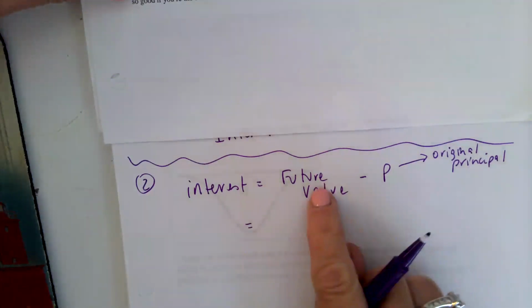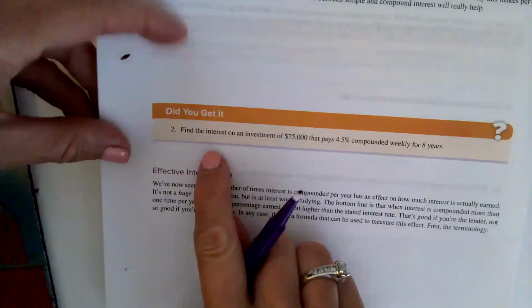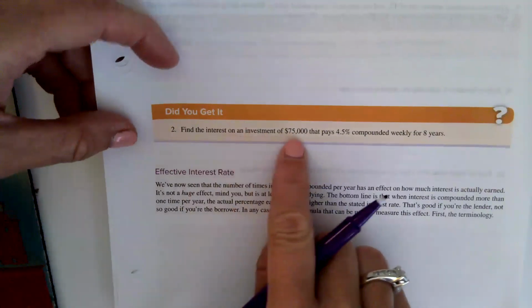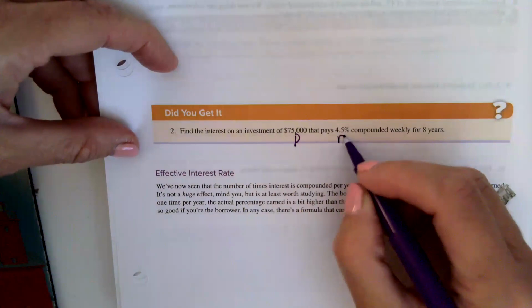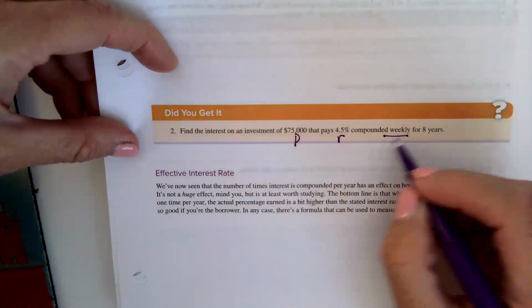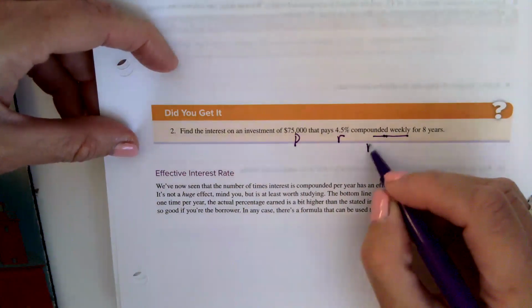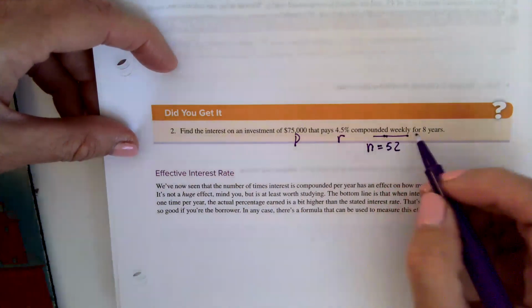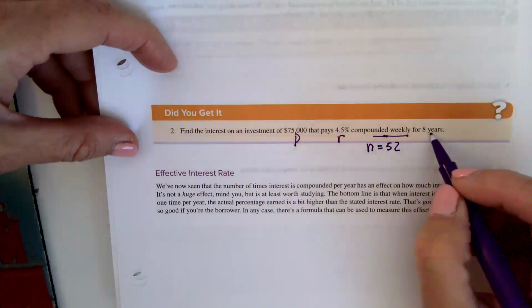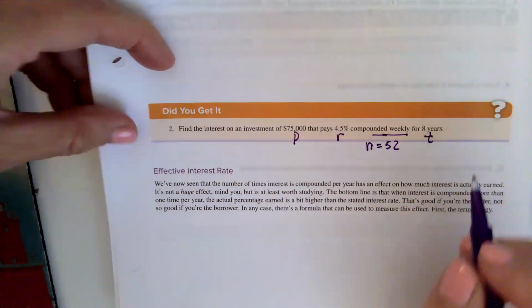So our future value here, we're finding the interest on an investment of $75,000. That's P. And then this is our rate, and compounded weekly means the N is going to be 52 because we have 52 weeks in a year, and then this is going to be T.